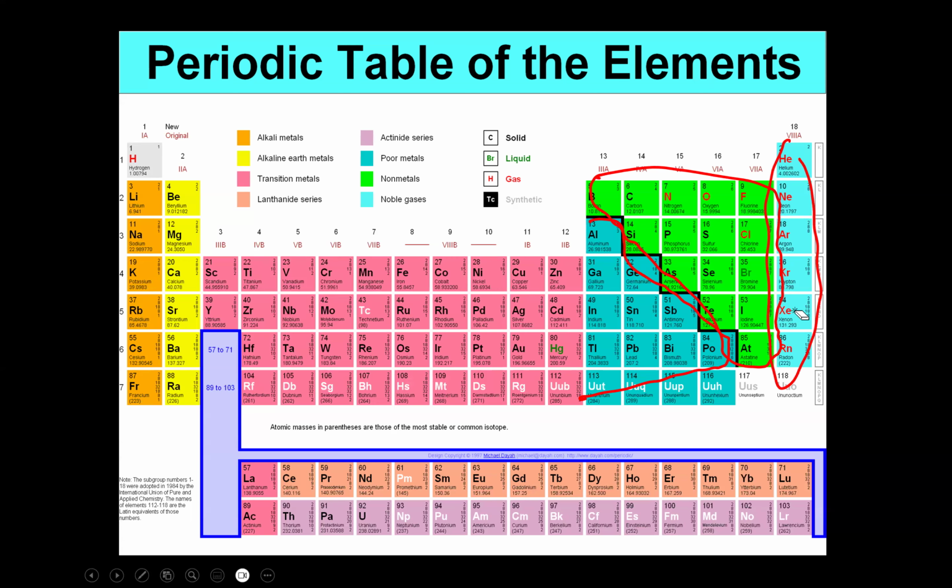When you see the color black, that means the natural state of the element is solid. Red means the natural state is gas. For example, hydrogen is colored red. It is a gas. TC is a synthetic element. Where is TC?